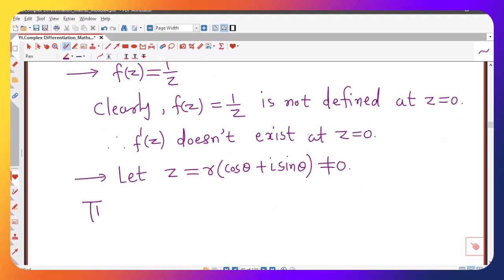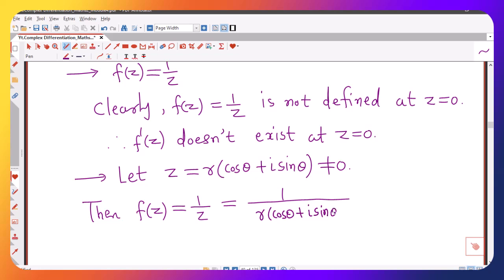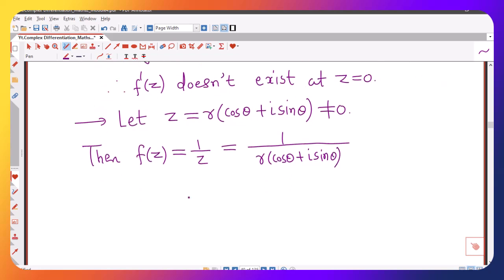Then we put z in the formula of given function. Our function is 1 divided by z, so we put z equal to r into cos theta plus I sin theta, and we try to simplify this.